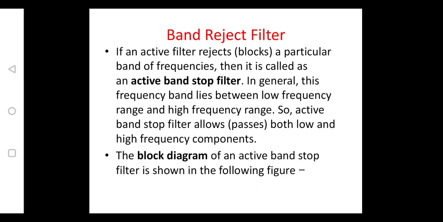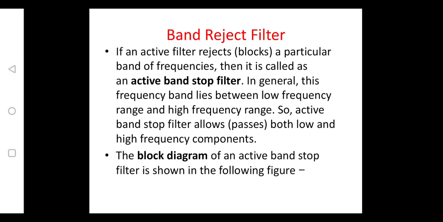The last type of filter is the band reject filter. Here the name itself indicates it is quite opposite to the band pass. That is, we need to reject certain frequency components. Other than these rejected frequencies, all the remaining should be passed.